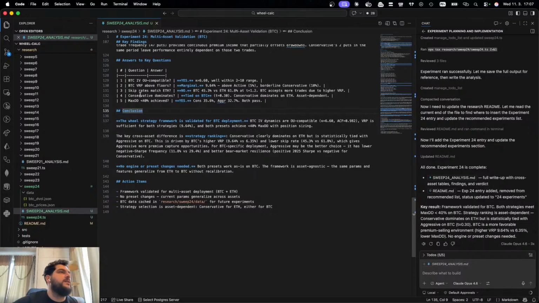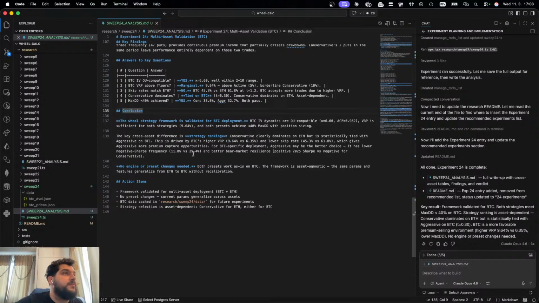The key cross-asset difference is strategy ranking. Conservative clearly dominates on ETH, but is statistically tied with aggressive on BTC. This is driven by BTC's higher VRP and lower skip rate, which gives aggressive more premium capture.